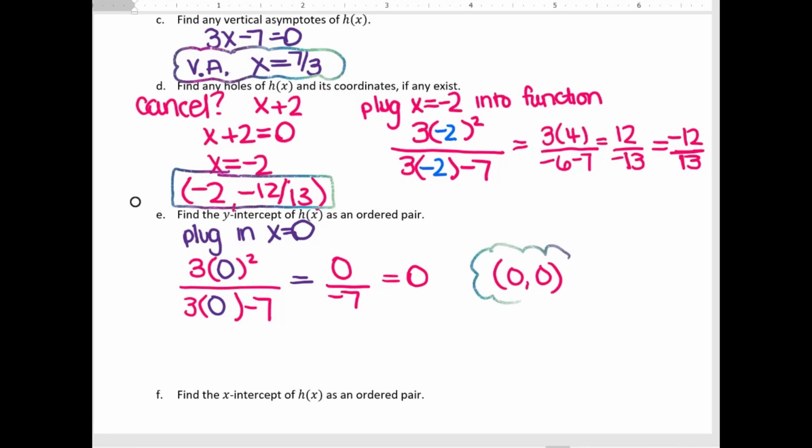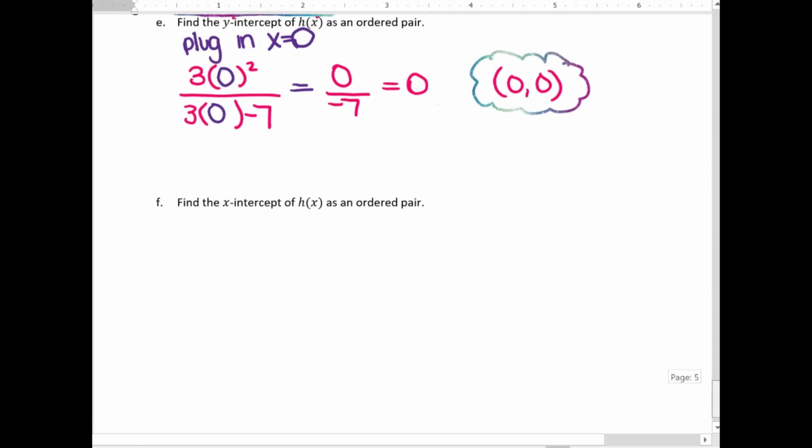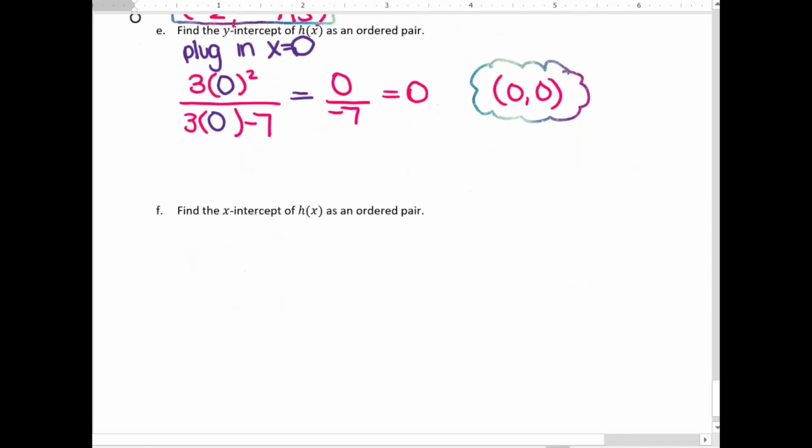But notice that both x and y are 0, which means it's going to show up again when we find the x-intercept. Remember, you can have multiple x-intercepts. Actually, the last function that we reviewed had 2 separate x-intercepts, but we're going to take our simplified version, 3x squared over 3x minus 7, and set that equal to 0.